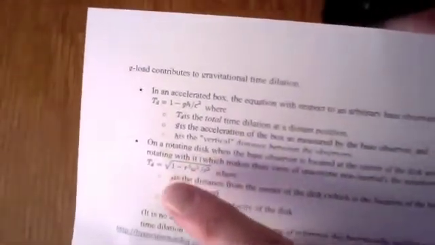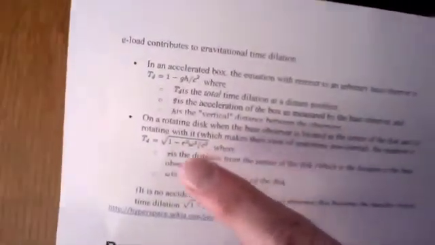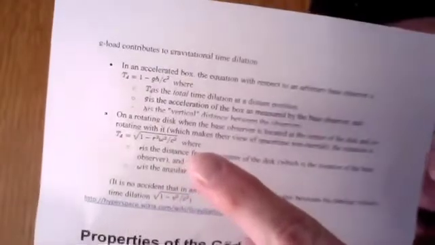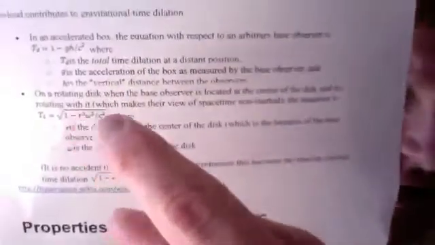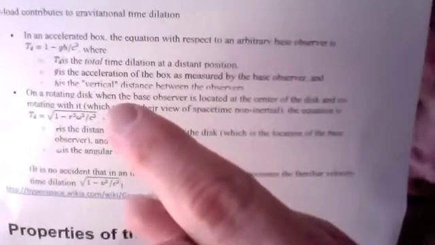Now, the more relevant formula to what we're dealing with here is TD equal to the square root of, we're looking at a rotating disk, and we're trying to analyze the possibility of time travel. TD is equal to the square root of 1 minus r squared omega squared over c squared. Now, r omega would be the velocity of the rotating object.